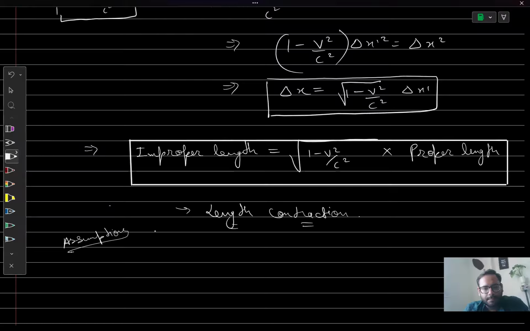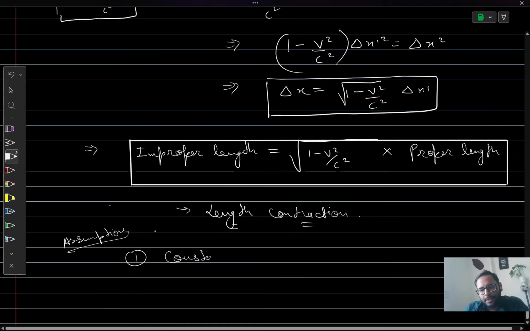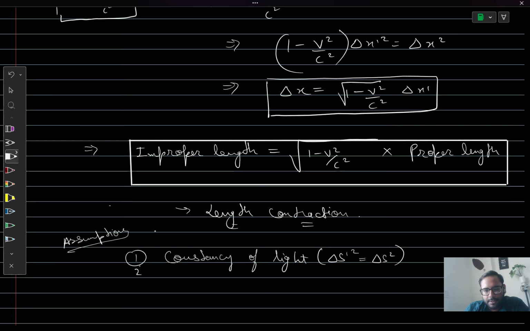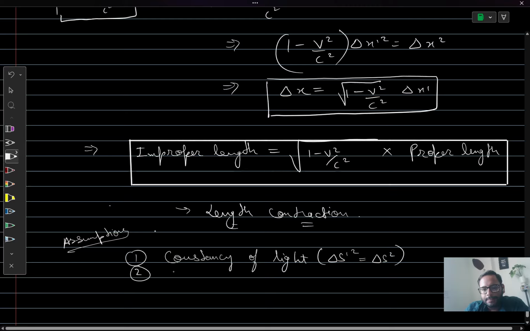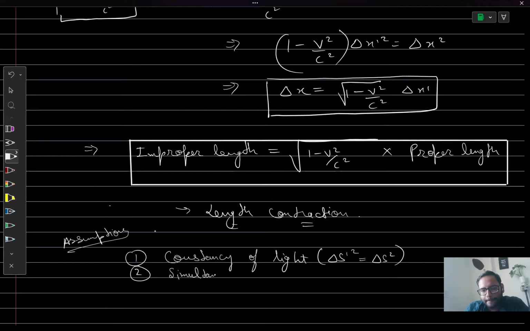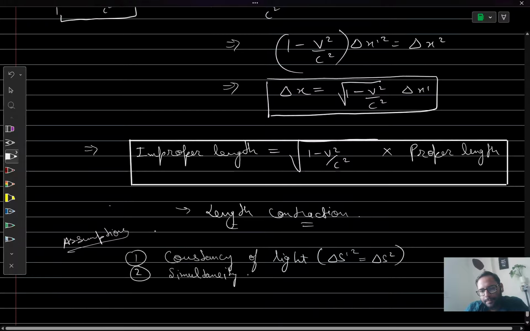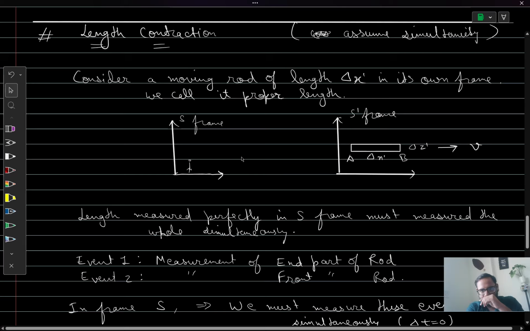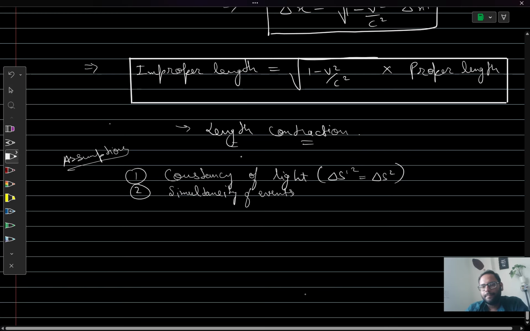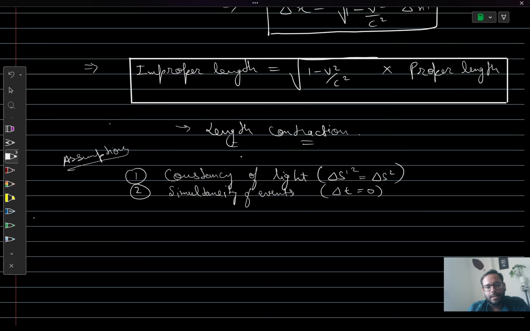Our functions were simply constancy of the speed of light, that is del x times, that is space-time invariance, and secondly the simultaneity of events, that was measuring the front and the back end of this rod from S frame, that is directly equals to 0, and from this we get the length contraction.